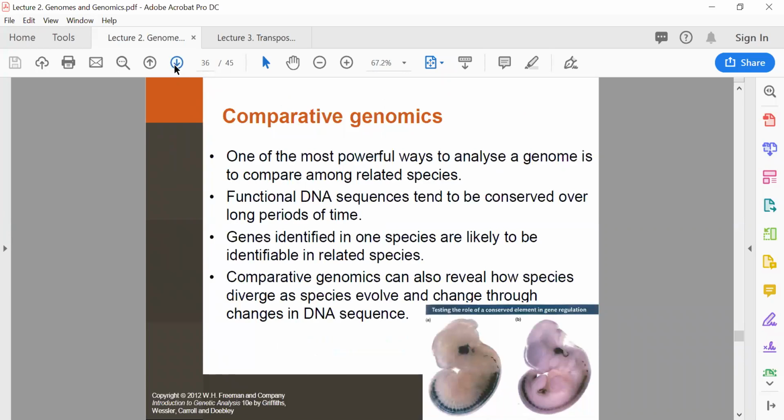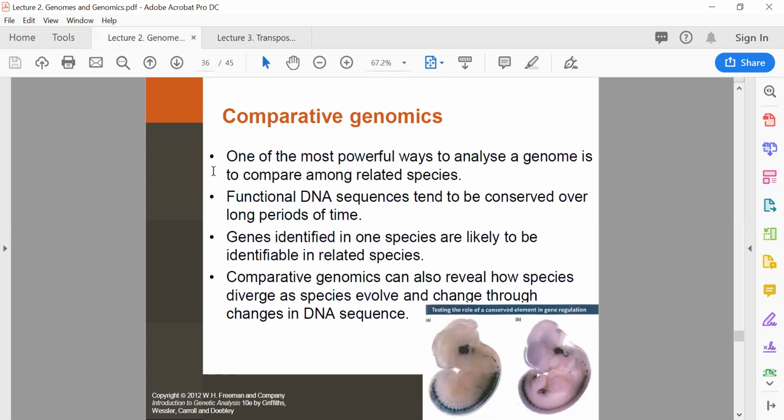All right, let's move on to comparative genomics. This is one of the most powerful ways to analyse a genome, and that is to compare DNA sequences between related species. Functional DNA sequences tend to be very conserved over long periods of time, as we saw in our lecture last week.